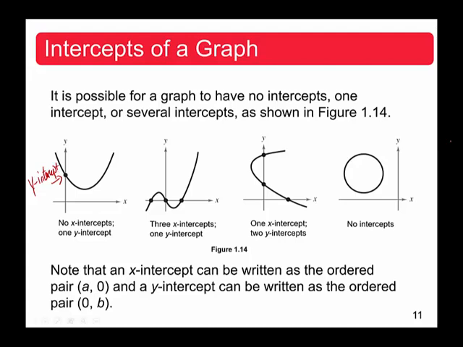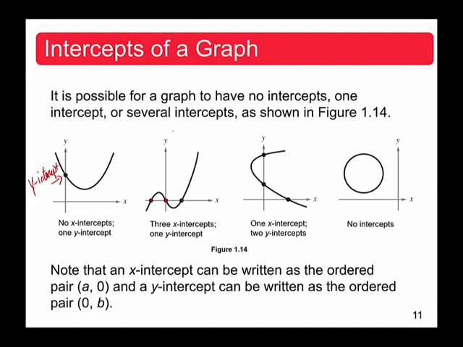And the second one, 3 x-intercepts. You see 1, 2, 3, 3 x-intercepts. And since origin is counted as both x-intercept and y-intercept, in this case it has one y-intercept.